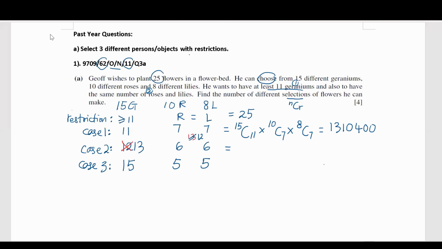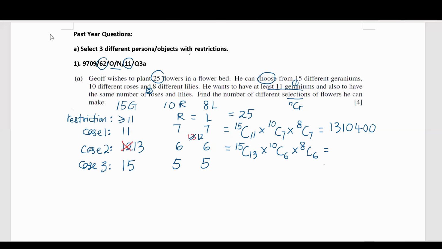So again, there are 15 different geraniums, and we need to have a selection of 13 geraniums. That means 15C13. And at the same time, there are 10 different roses, and we select 6 of them. And 8 lilies, and we select 6.